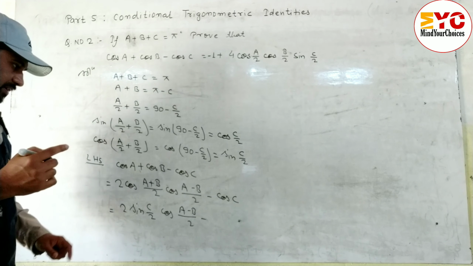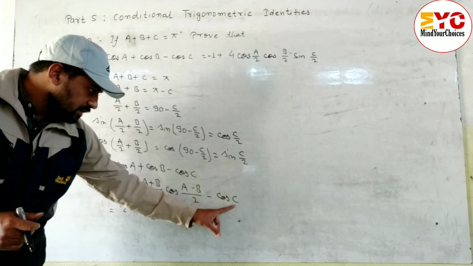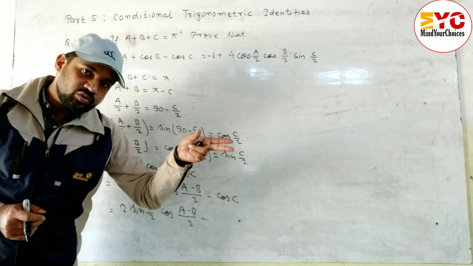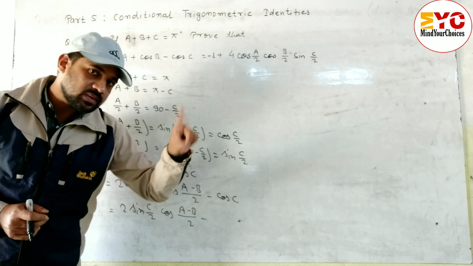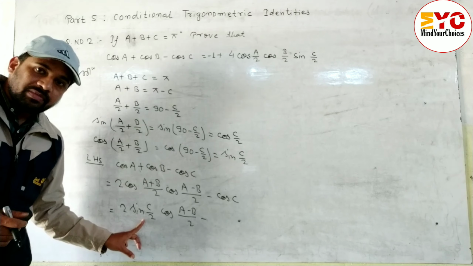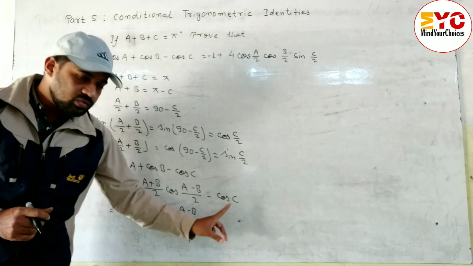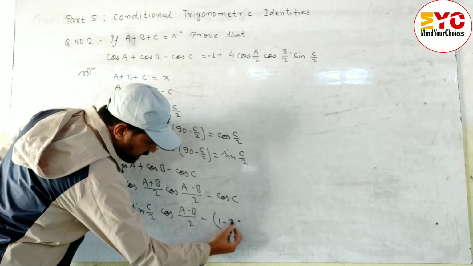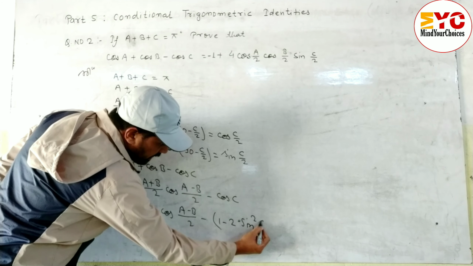I told you before also in the previous video, cos C, which formula do we have to use? Two formulas are there: 2 cos squared theta by 2 minus 1 and 1 minus 2 sin squared theta by 2. Which we have to use here depends on this value. Here it is sin C by 2, so we have to use the cos C formula in the form of sine, and the formula is 1 minus 2 sin squared C by 2.